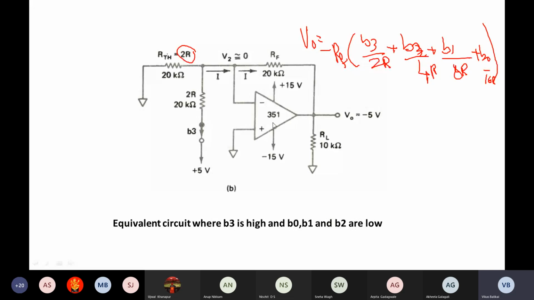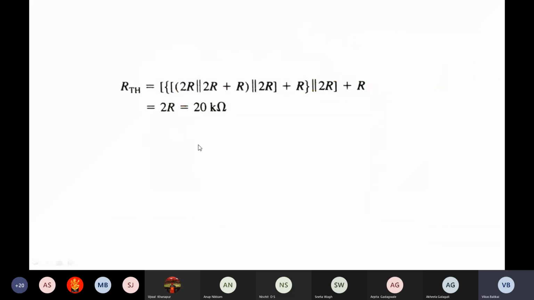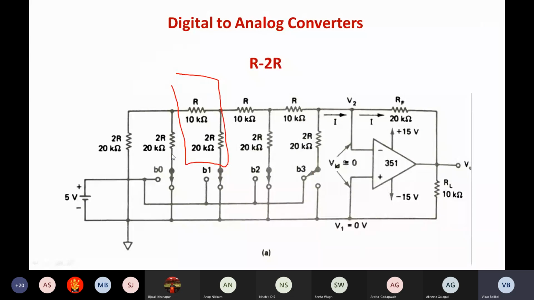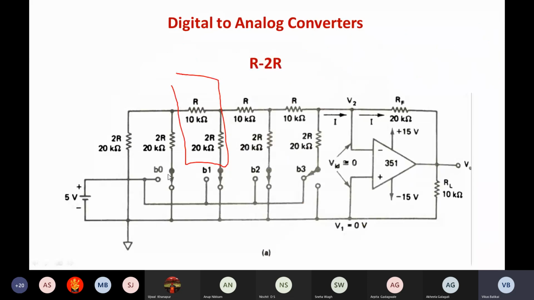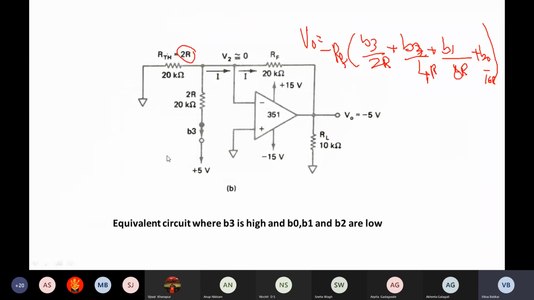That's why I was saying that every time the resistance value will not be 2R. When I make B1 high, the B1 switch is on, and when I calculate the Thevenin resistance, it will be 8R. Similarly, with B0 on, the Thevenin equivalent resistance will be 16R. So this is how I get the output equation.